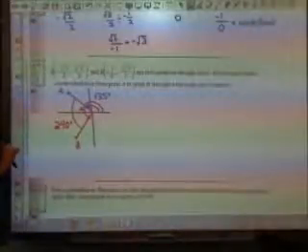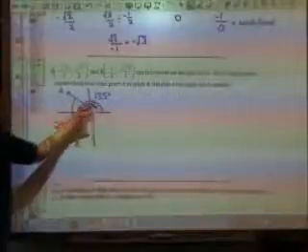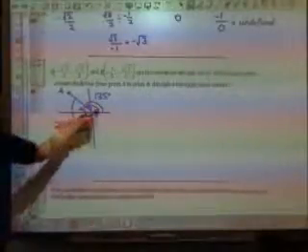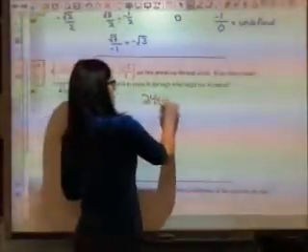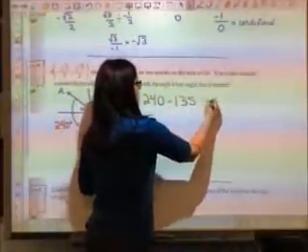So then the question is, if I go from point A to point B, what angle have I gone? How would I find that? The angle in red was 240 degrees. The angle in blue is 135 degrees. How do I find the angle in green? Which equals what?